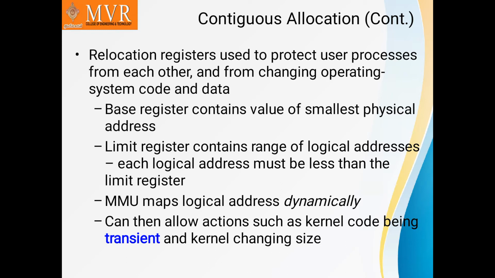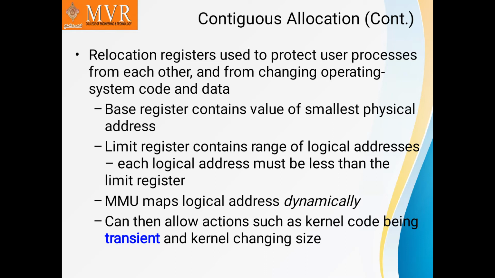In continuous allocation, relocation registers are also used to protect user processes from each other, and from changing the operating system code and data, by using two registers, that is the base register and the limit register.